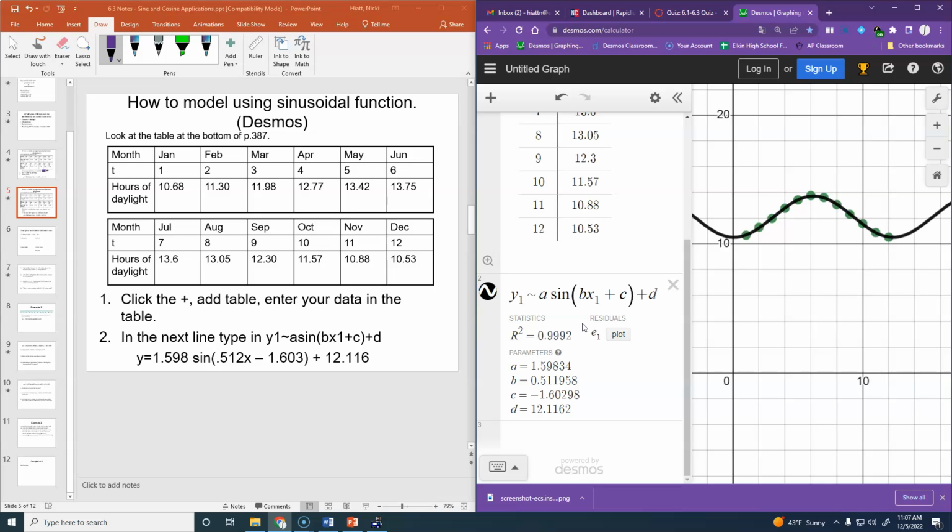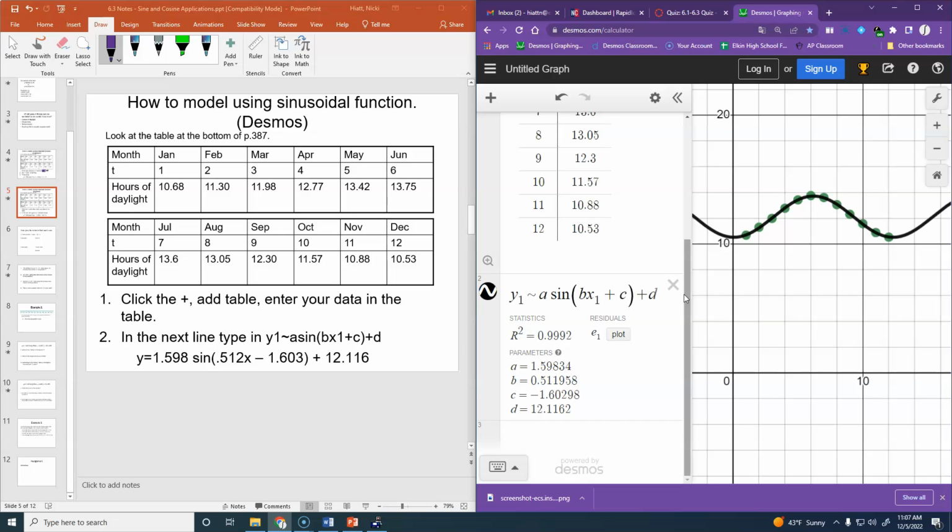This is just your equation we've been doing, right? It's just the y1. Throw a 1 behind your x and y, put a squiggle there. This is the equation we've been using the whole time, right?